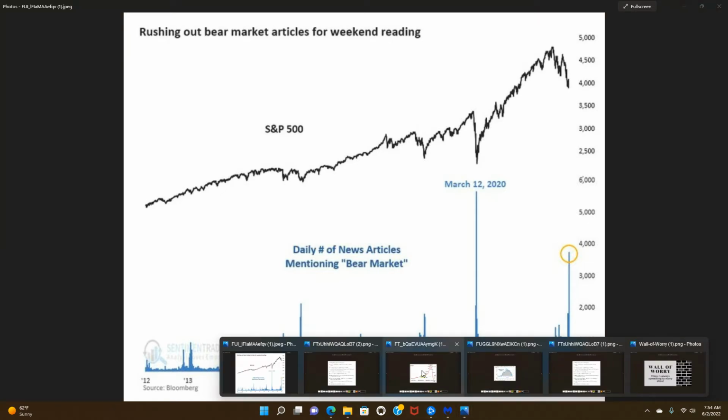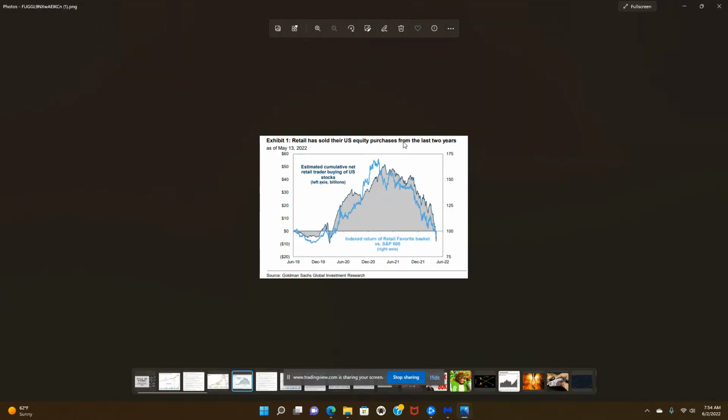So let's go to this graph as well. This is pretty interesting. This is the graph of retail equity purchases. You can see that retail equity purchases peaked just before the COVID pandemic, and then immediately after, peaked up in early last year, around December 10th, and now retail purchases have retraced to that pre-pandemic level essentially.